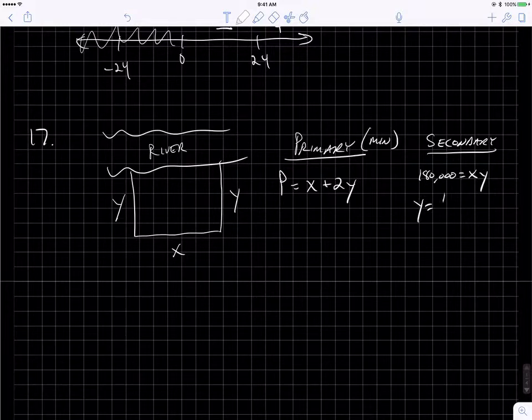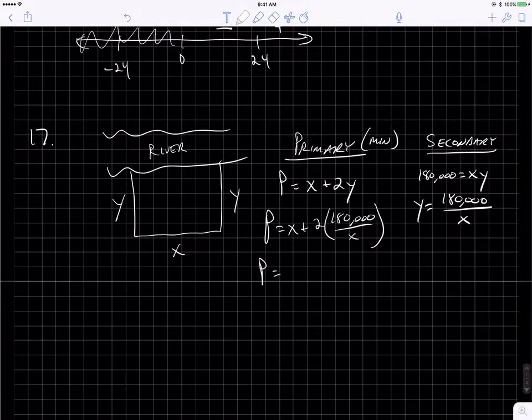So if I solve that secondary, I get that. I make my substitution. I simplify. I take the derivative.